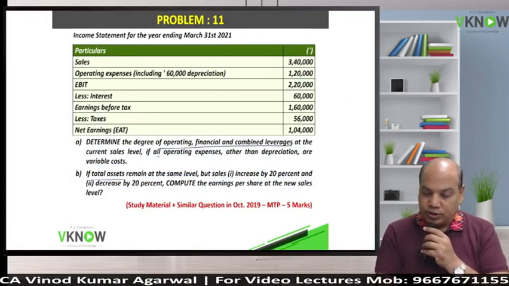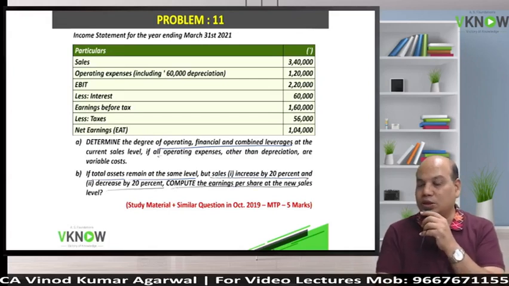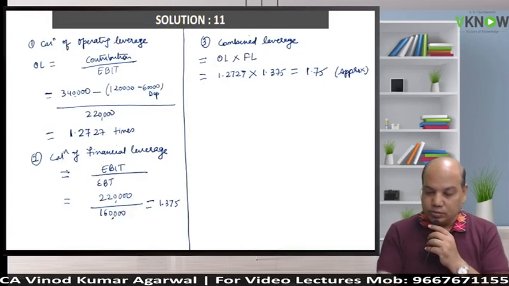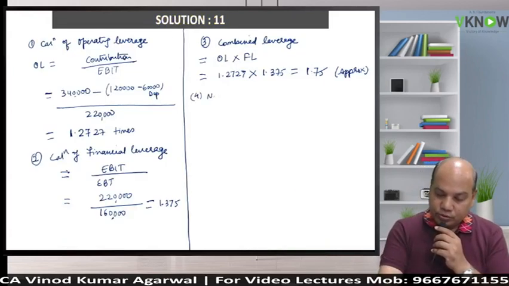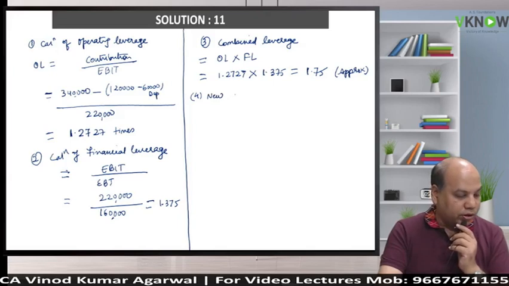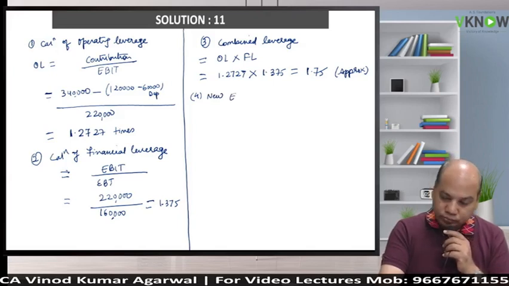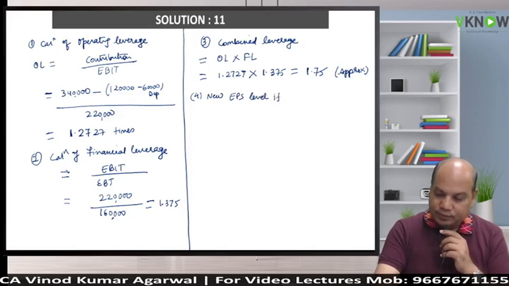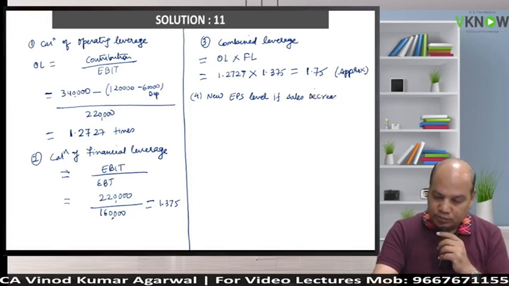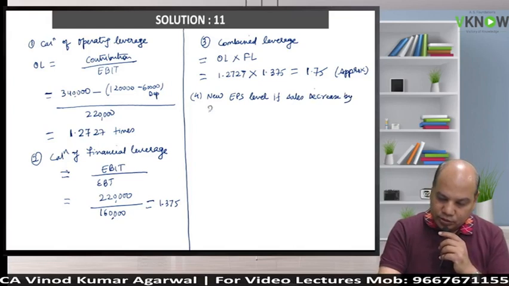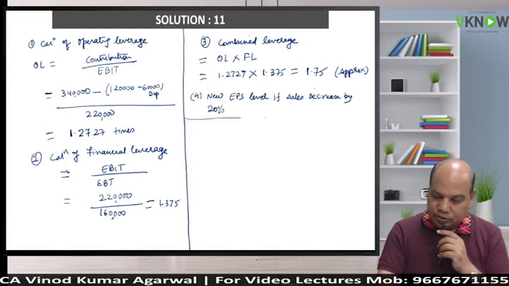If total asset remain at the same level, sales increase by 20% or decrease by 20%, compute the EPS at the new sales level. So we write down answer 4. New EPS level if sales first decrease by 20%.